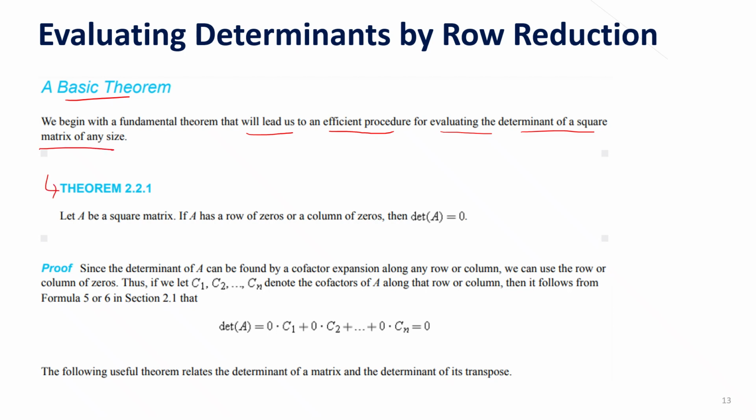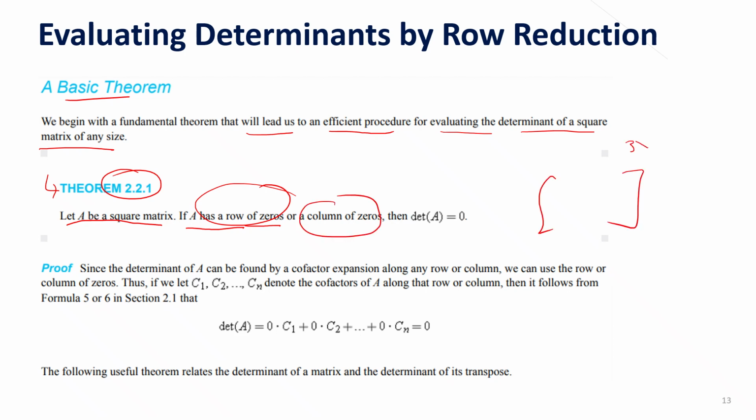The first theorem mentions that if you have a square matrix with a row of zeros or column of zeros, let's say a 3 by 3 matrix like this, in any position of the row, it can be the first row or the second row. It doesn't have to be all zeros, then the determinant will be 0 for that particular matrix, let's say matrix A.